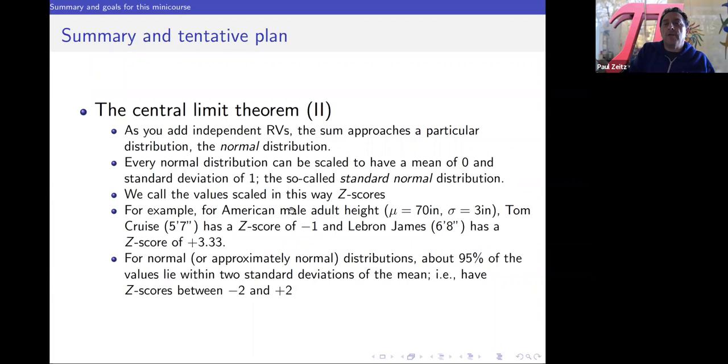So if you look at American male height, where the mean is 70 inches and the standard deviation is 3 inches, someone who's 5'7" has a z-score of -1, and someone who's 6'8" has a z-score of about 3 1/3. And we will use the concept of z-scores.